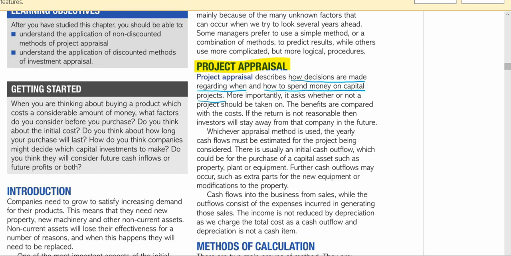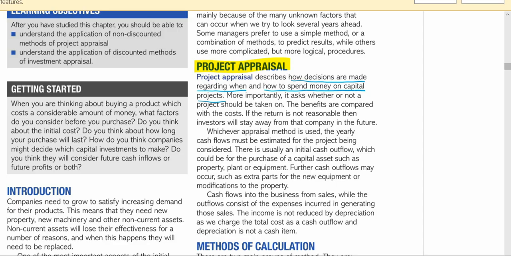The project which will give us the maximum benefit, we will accept that project. So it's all about the cash flows, and there are two cash flows: cash inflow and cash outflow.